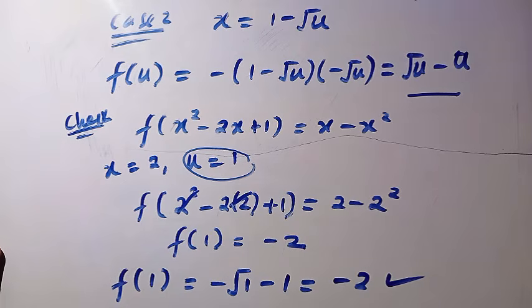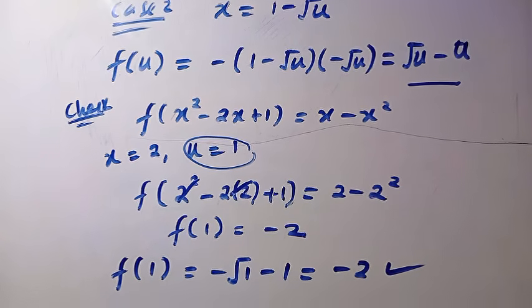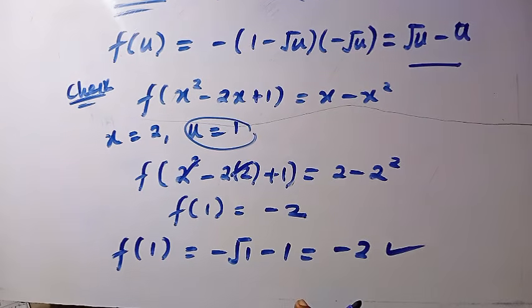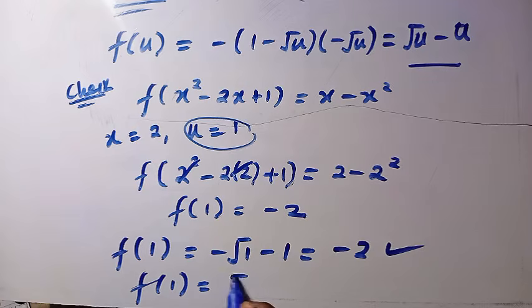So this is correct. And for the second one, if we check, f of 1 equals square root of 1 minus 1, so this gives us 0. This is not correct.